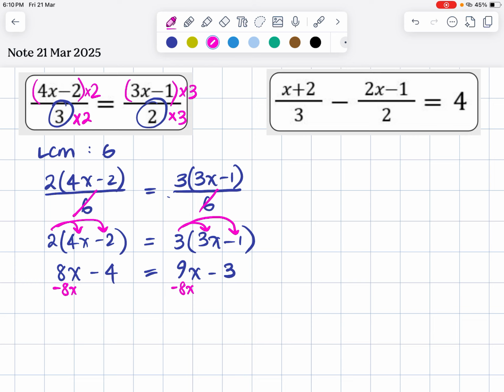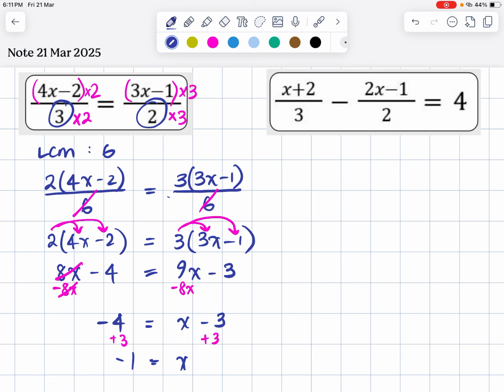So 8x take away 8x cancels out, and I just have negative 4 on the left hand side, and on the right hand side 9x take away 8x is just 1x, and I've got a minus 3. And then finally my last step is I'm going to get rid of this minus 3 by adding 3 to both sides of the equal sign. And end up with x equals negative 1. And that's the solution to my first expression.